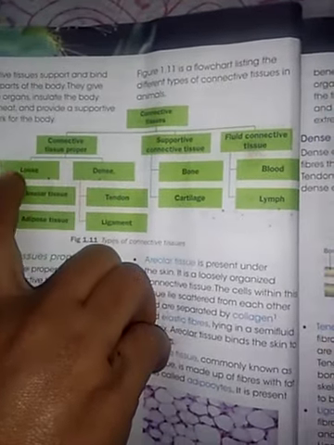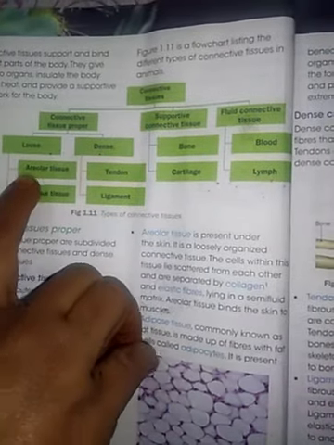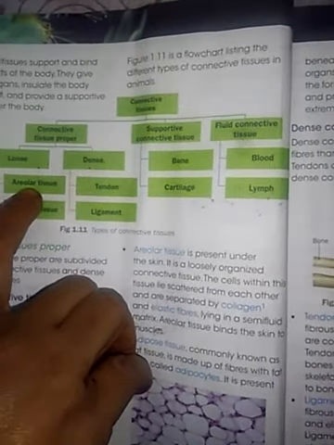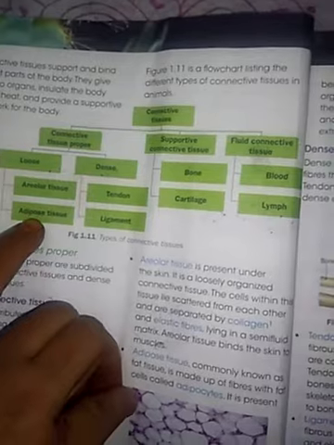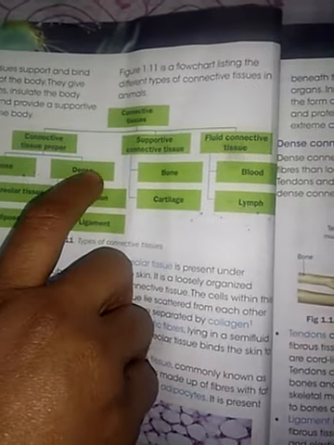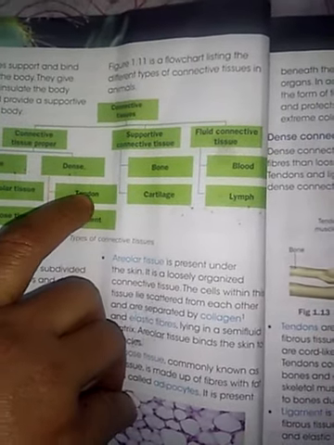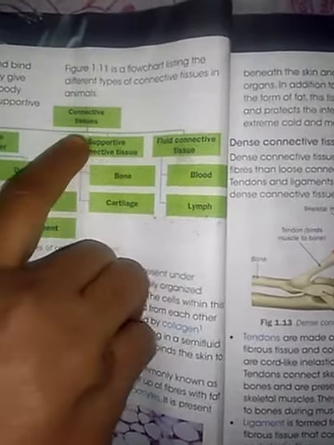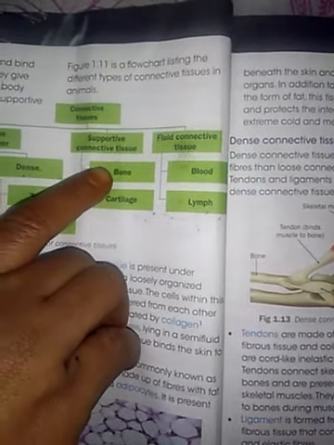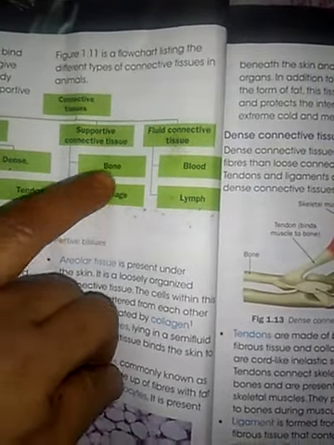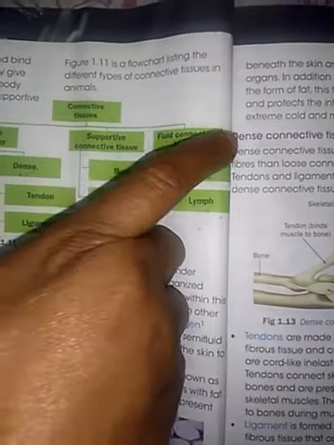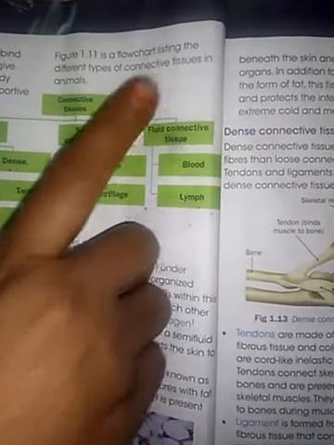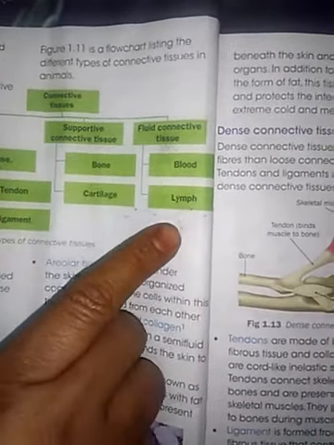The loose again subdivided into two types, that is areolar tissue and adipose tissue, and dense divided into two types, that is tendon and ligament. Understand students? Second one, supportive connective tissues are of two types, that is bone and then cartilage. The last one, fluid connective tissues are divided into two, that is blood and then lymph.